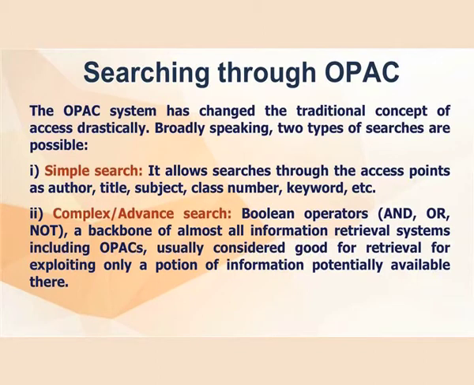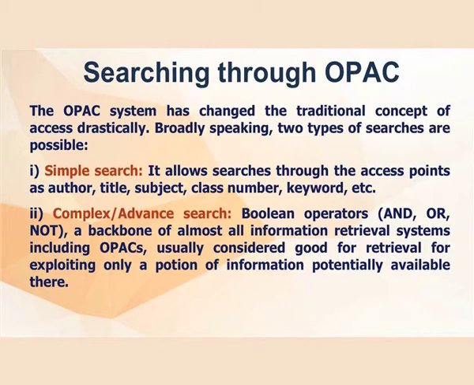So, searching through OPAC, the OPAC system has changed the traditional concept of access drastically. Broadly speaking, two types of searches are possible. One is simple search and another one is complex or advanced search. Under simple search, it allows searches through the access points such as author, title, subject, class number, keywords, etc. Under complex or advanced search, we can make use of Boolean operators like and, or, not.